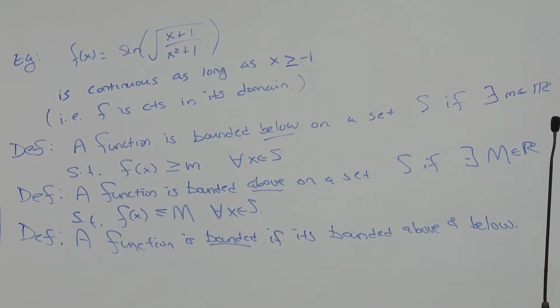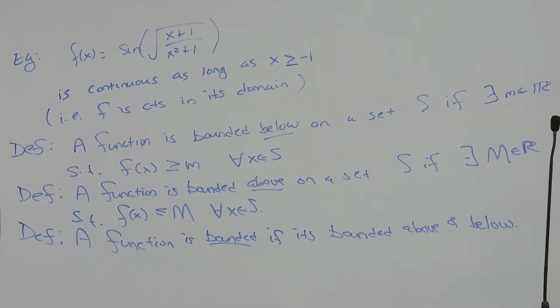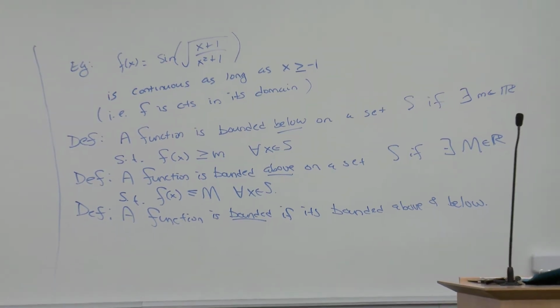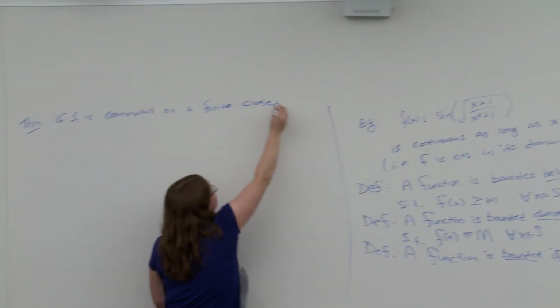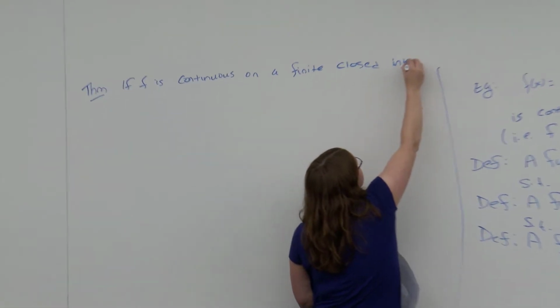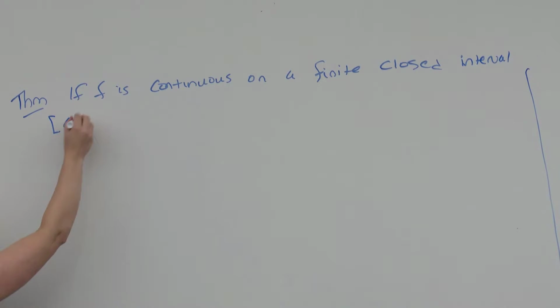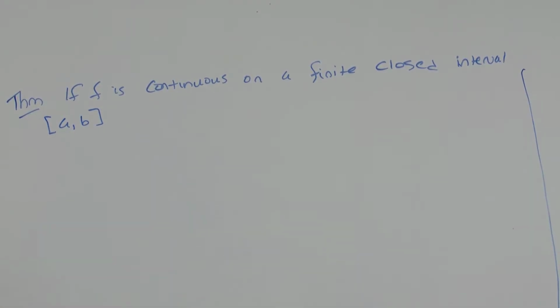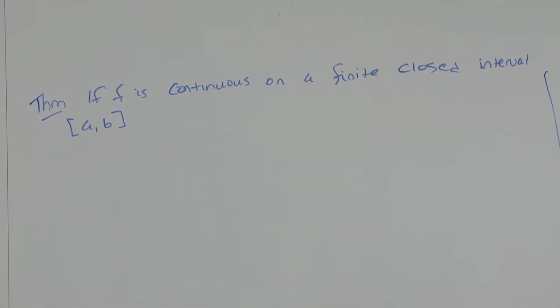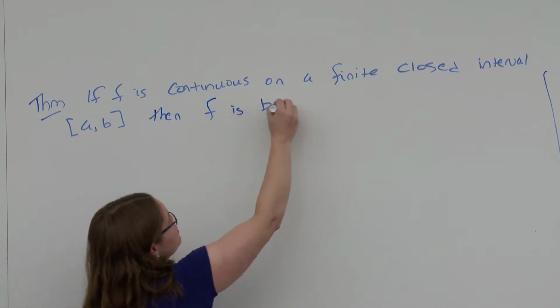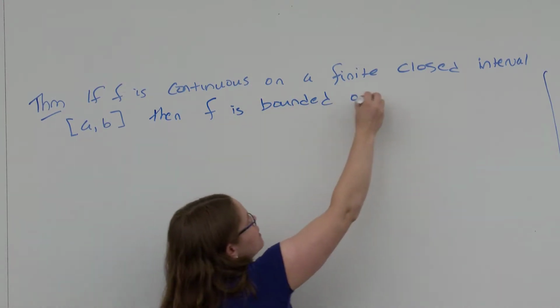We're going to say that if f is continuous on a finite closed interval, so a to b, then f is bounded on a to b.